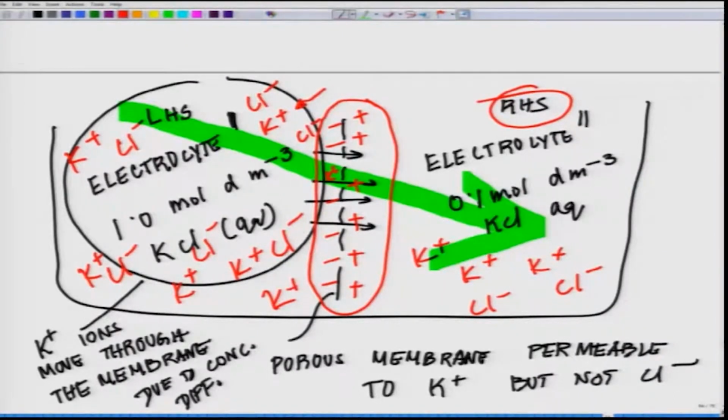So, if we repeat the whole situation, the principle underlying the concentration cell is particularly important where solutions of electrolytes with different concentrations are separated by a porous membrane. This is the porous membrane we talked about, the arrow out here showing the porous membrane. Okay.